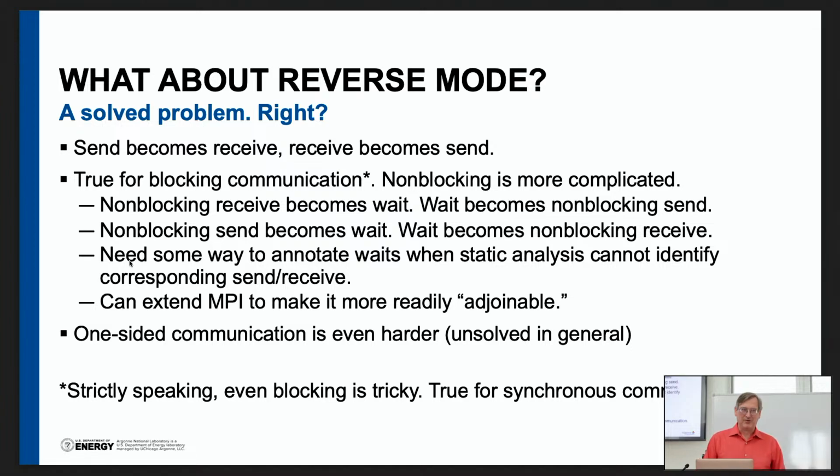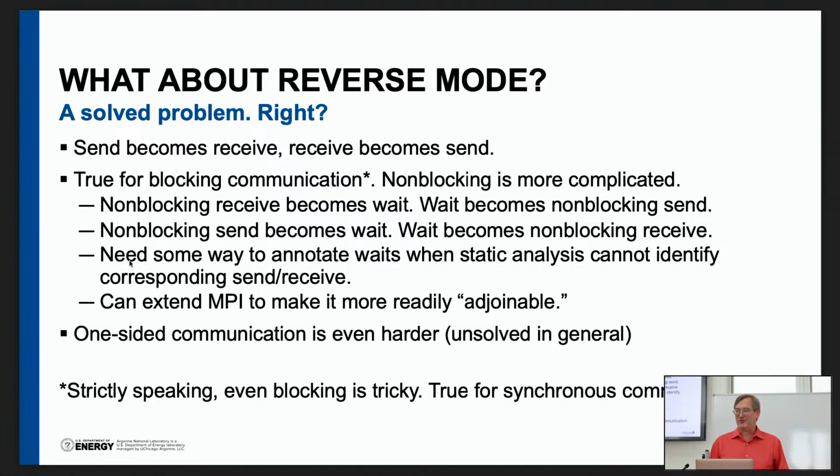And so this simple idea that send becomes receive and receive becomes send no longer applies in the context of non-blocking communication. One way of handling non-blocking communication is that your non-blocking receive becomes a wait, and a wait becomes a non-blocking send, and then a non-blocking send becomes a wait, and a wait becomes a non-blocking receive.